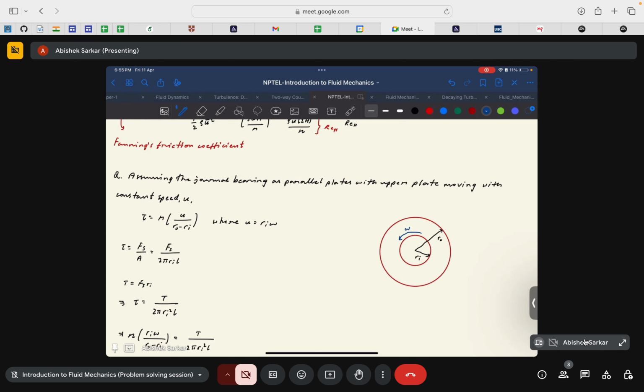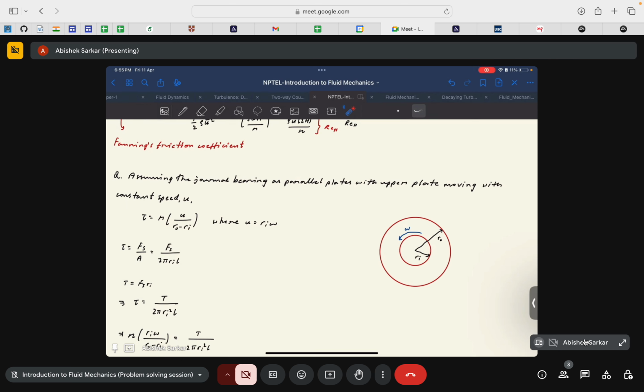The shaft will basically come out from this region and will be rotating. In order to have a smooth rotation of the shaft, a fluid is kept within this journal bearing that prevents any kind of damage or corrosion to the shaft because of this continuous rotation.